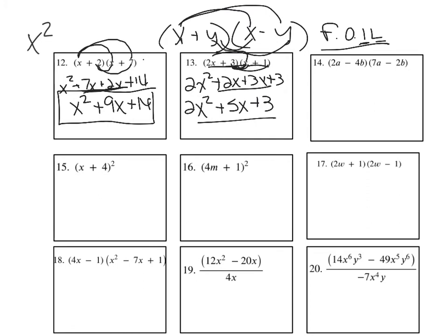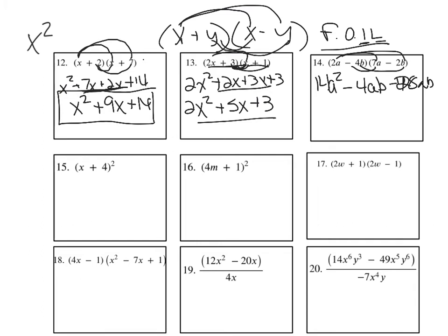And this one, 14a squared, minus, this one's a little different, 4ab, and then the inside is minus 4, oops, that's 28, minus 28ab, and then 4b times negative 2b.